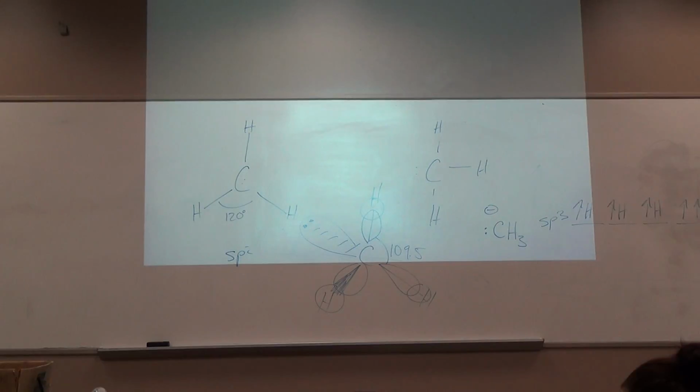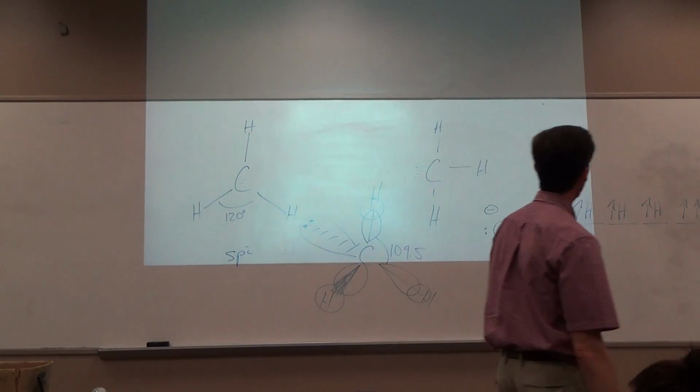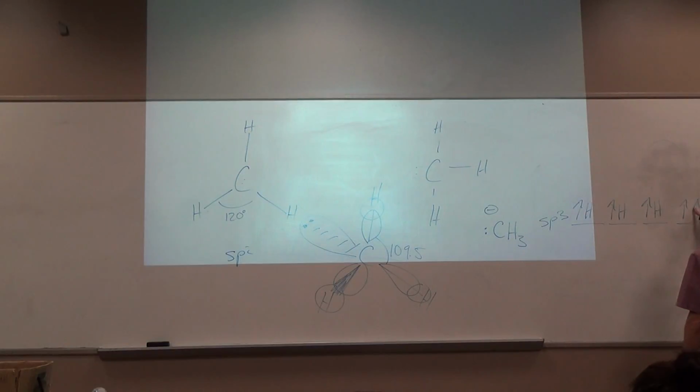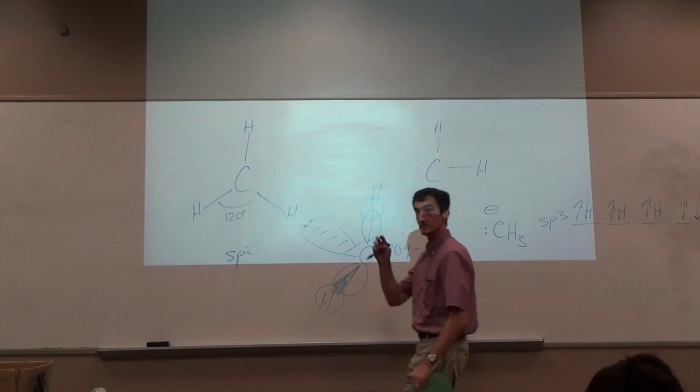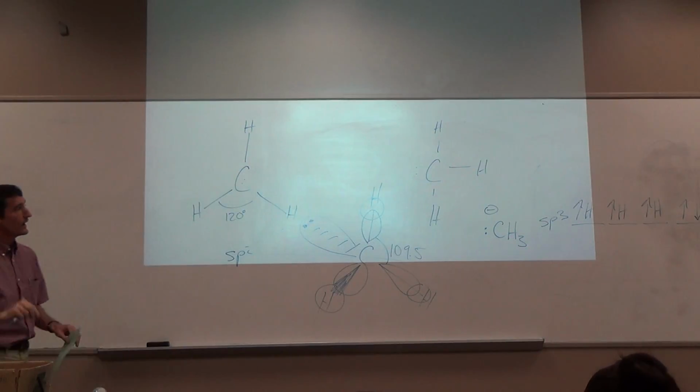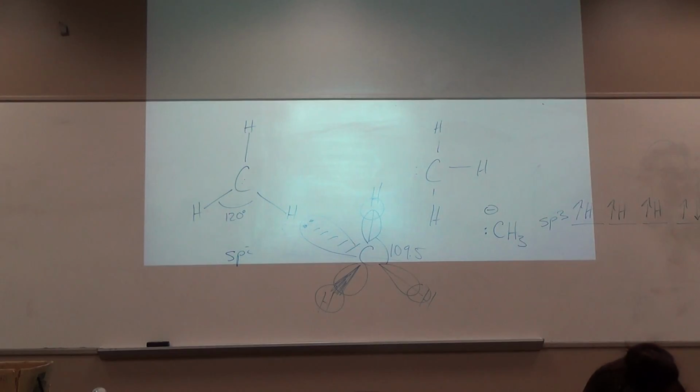Why is the lone pair doing what? I don't know. What is that? Pauli exclusion principle? Who is that? Wolfgang Pauli? He's about 26 years old when he came up with all that stuff.